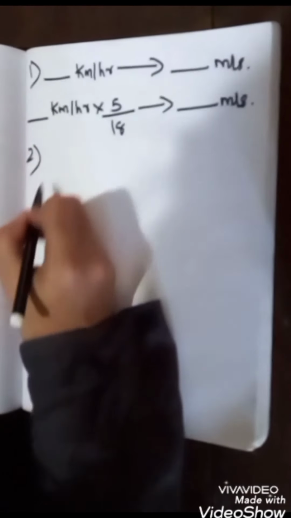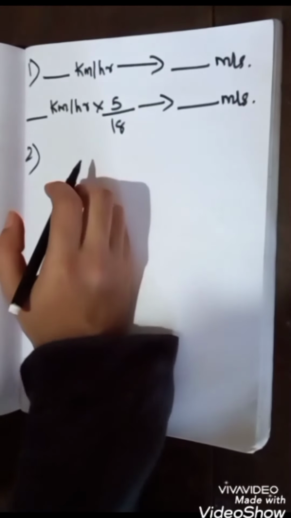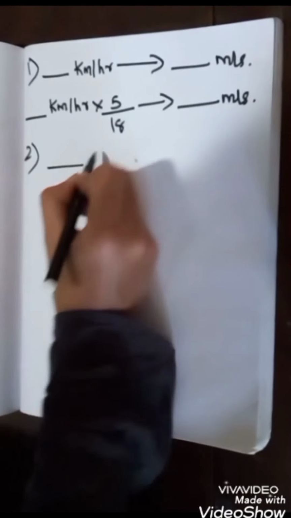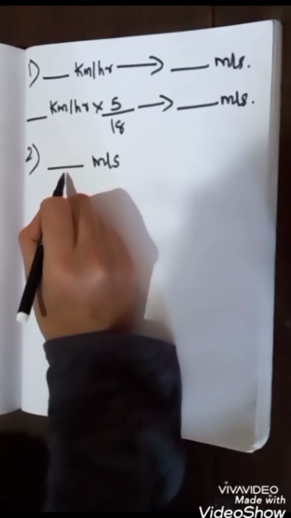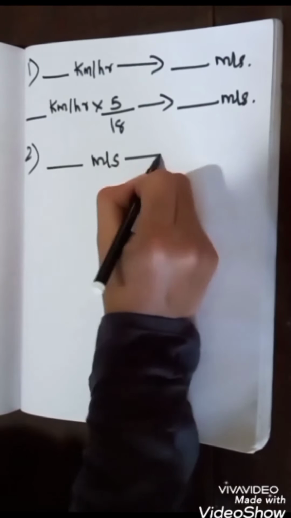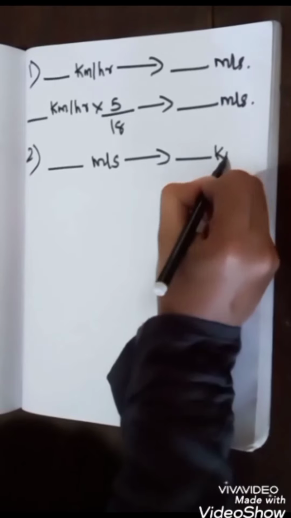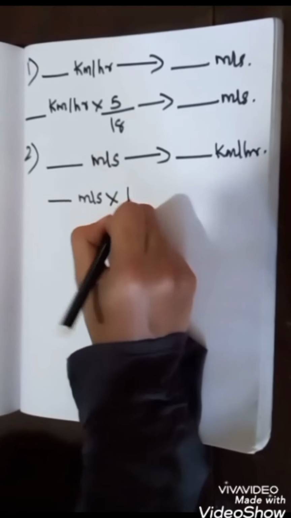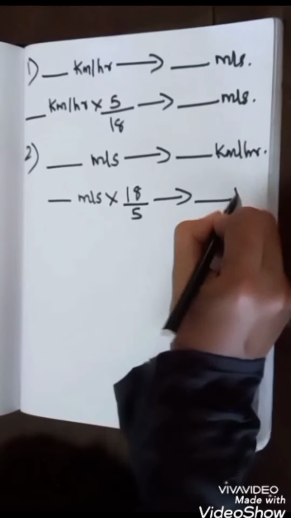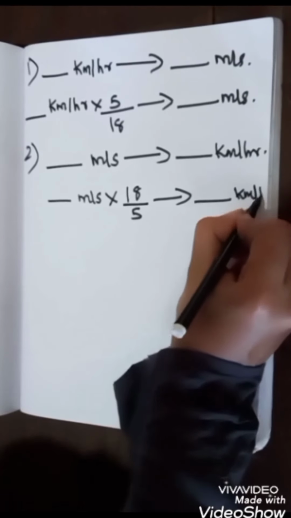In the second case, to change the answer in meter per second into kilometer per hour, we have to multiply this answer with 18 by 5. Then we will get the answer in kilometer per hour.